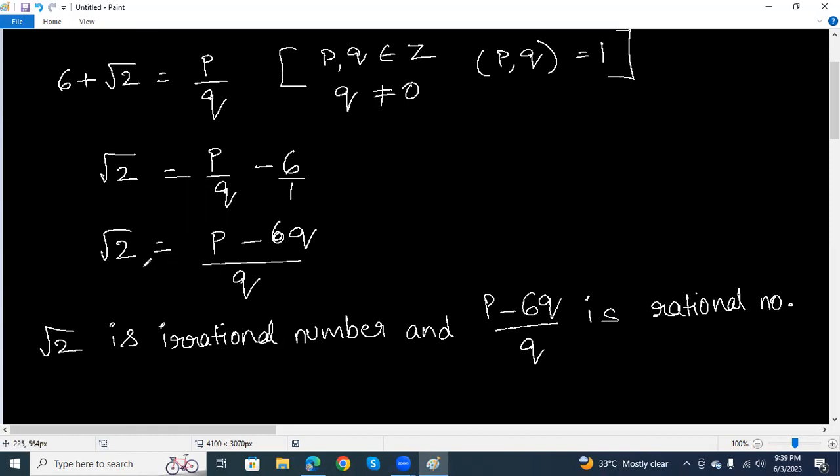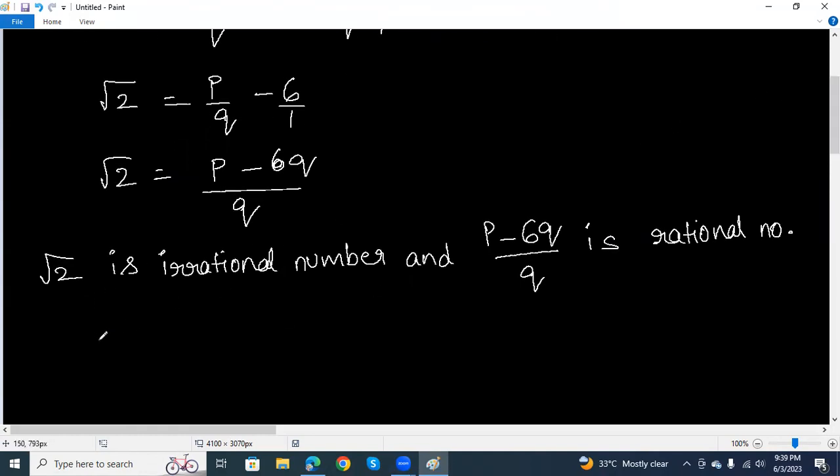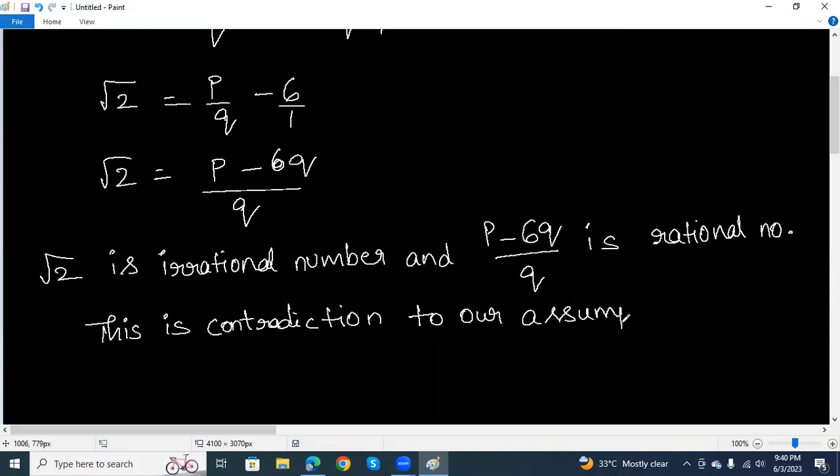No, an irrational can't be equal to a rational. So this is a contradiction to our assumption. Therefore, 6 plus root 2 is an irrational number.